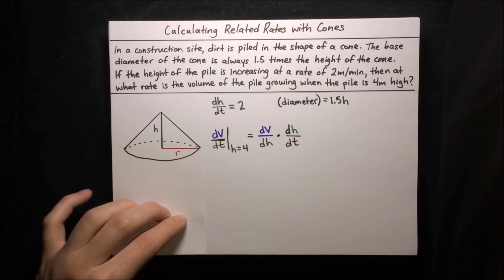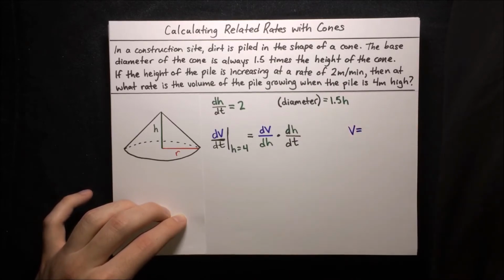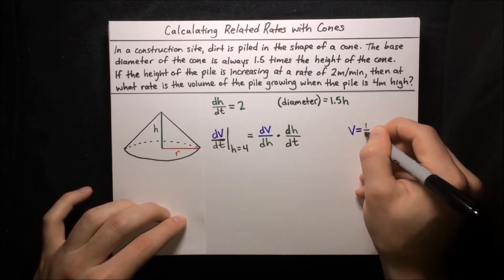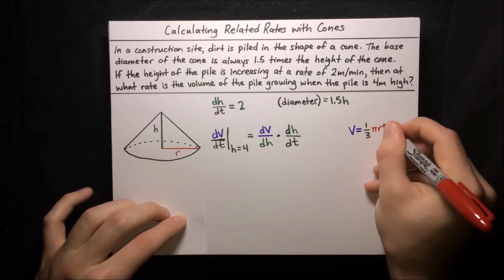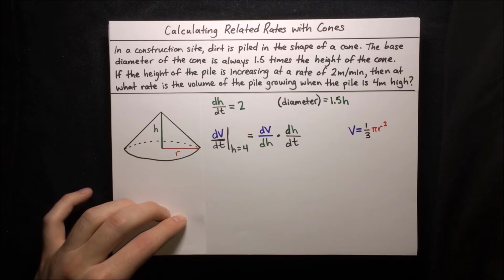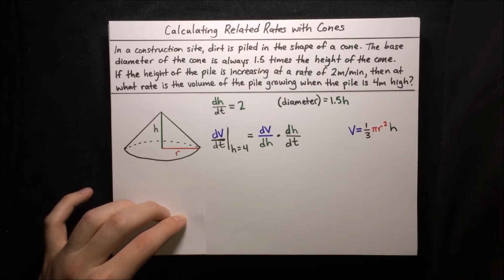So why don't we start with the volume formula for a cone? The volume for a cone is that volume is 1/3 times the base area, which is pi r squared, because the base is just a circle with radius r, then times the height of the cone. But we want to find dV/dh, which means we need our equation to just have V and h as variables. We don't want r as a variable. So what can we do?